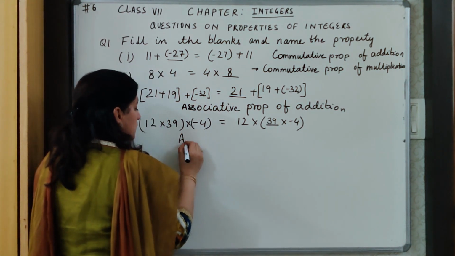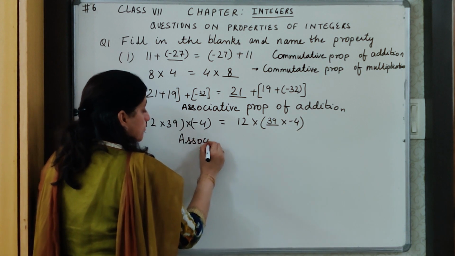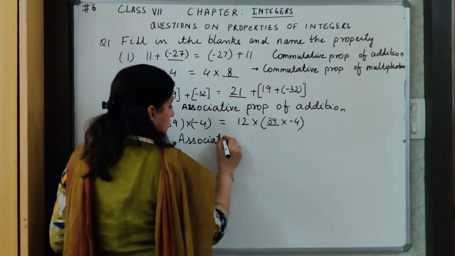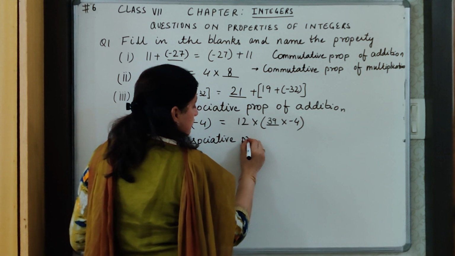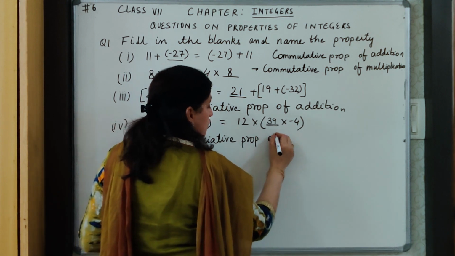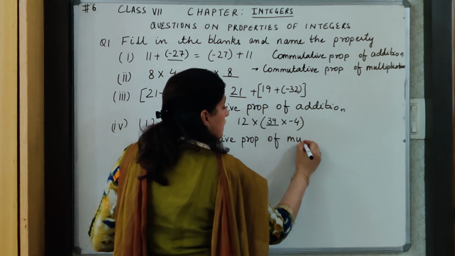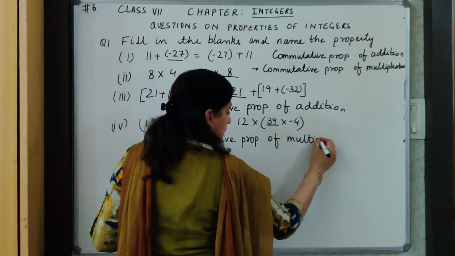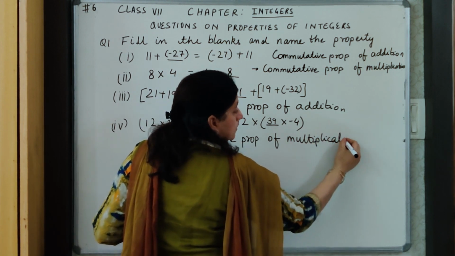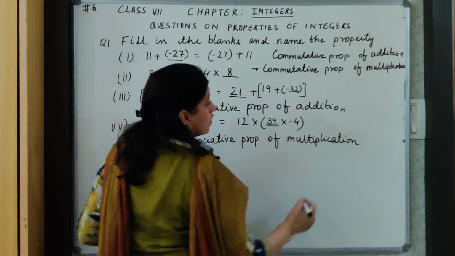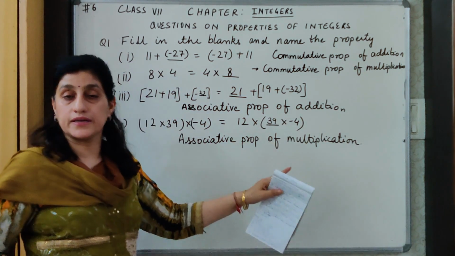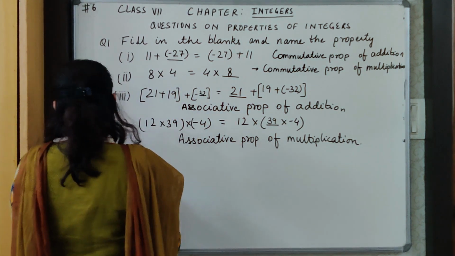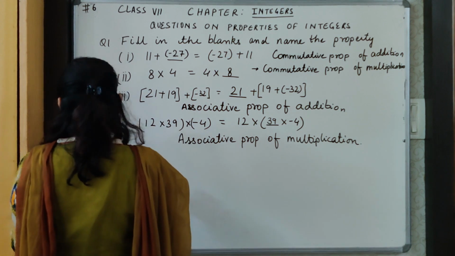So this also becomes the associative property, now of multiplication. Okay. So let's move on to one more.